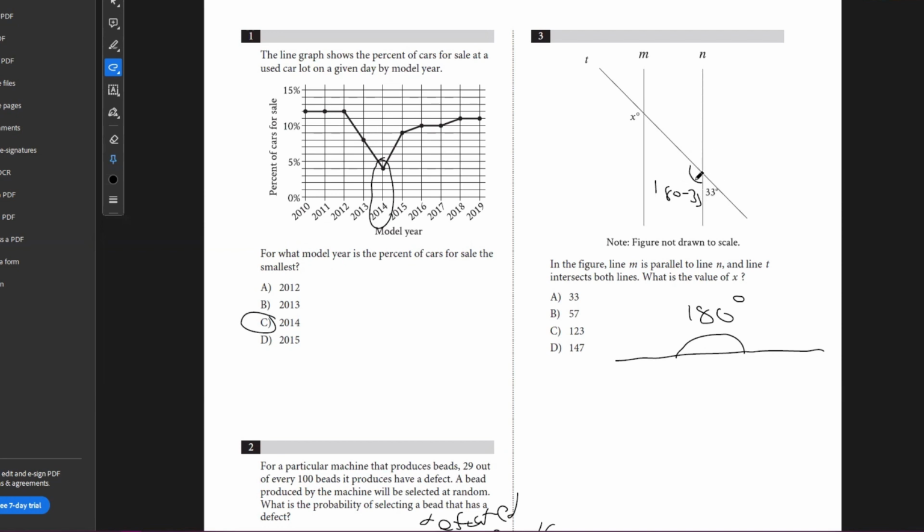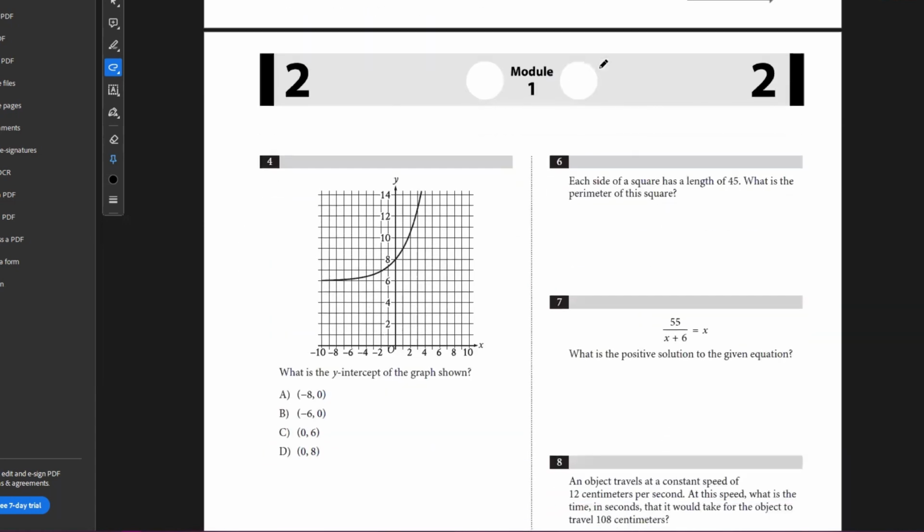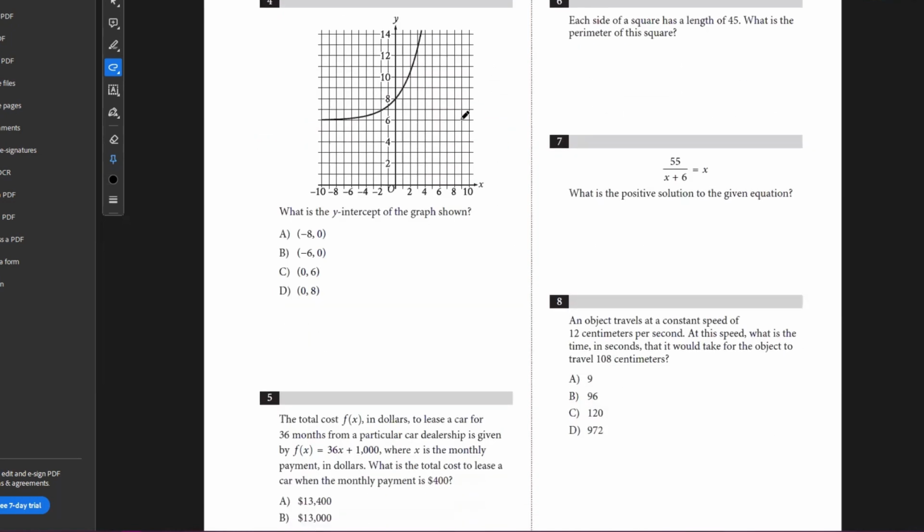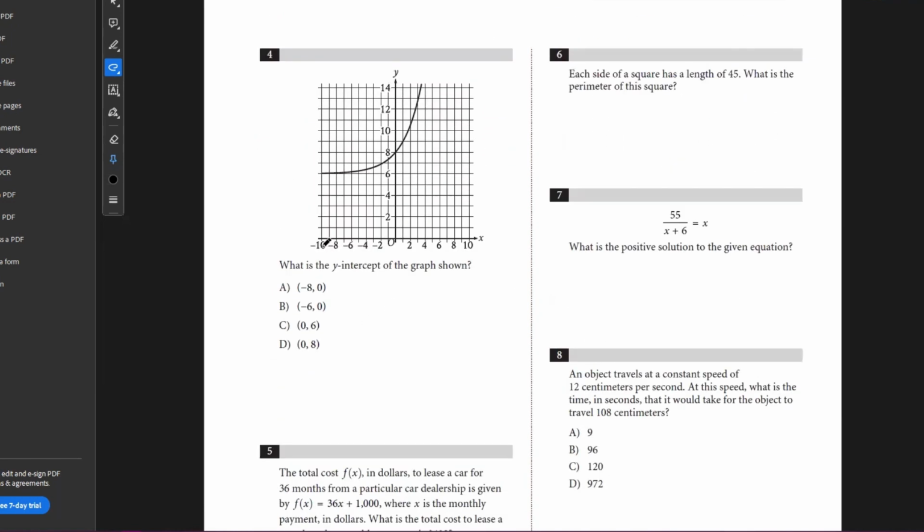So we can just find this angle, 147, I guess. And this angle has to be 180 minus this angle. This is a geometric rule. It's going to be 180 minus 147, and this is equal to 33 again. And we do the same thing over here, and we got 147 as our answer choice for the value of x, 147 degrees.